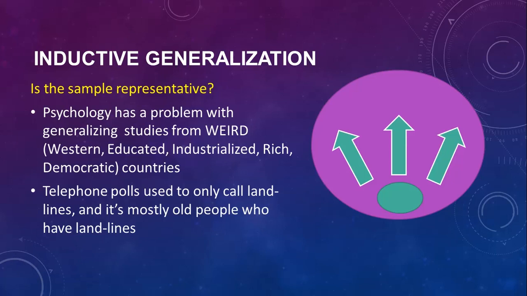For example, psychology has had a problem with generalizing studies from what's called WEIRD, Western, educated, industrialized, rich, democratic countries. Practically all of the psych research in the literature is based on, here's the method for getting subjects. The professor is teaching Psych 100, and he says, you get 2% on your final mark for coming to my lab and doing one of my experiments.